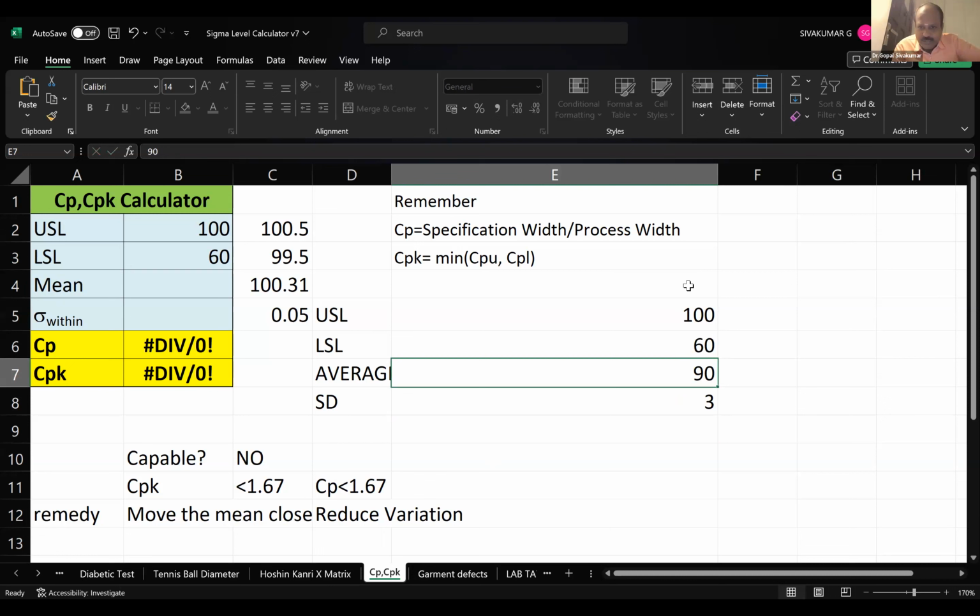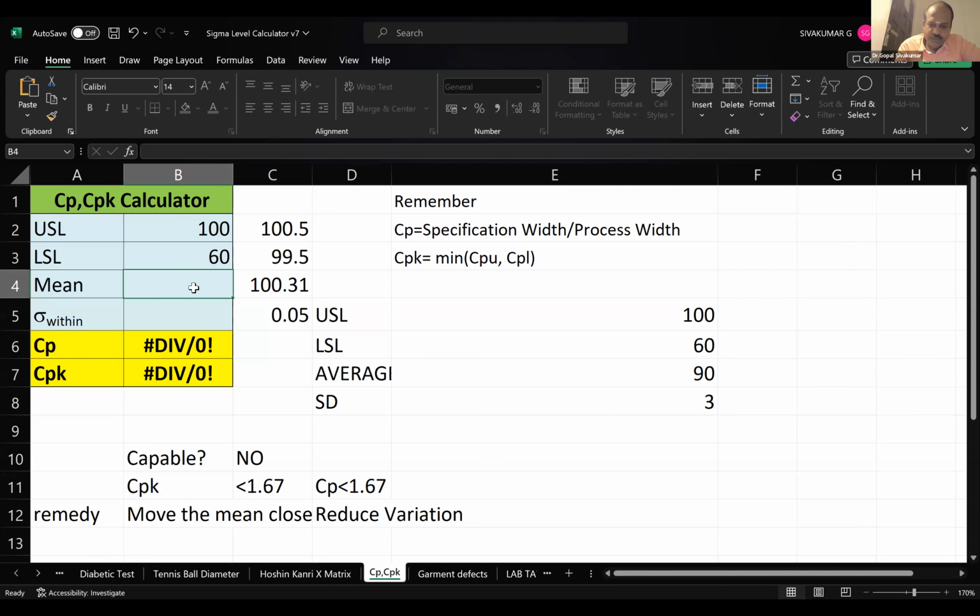Now I want to understand our process capability. So here 90, and here how much should I put? 3. Now, what is our Cp? What is our Cpk? Look at our Cpk. Process is not capable, sir.